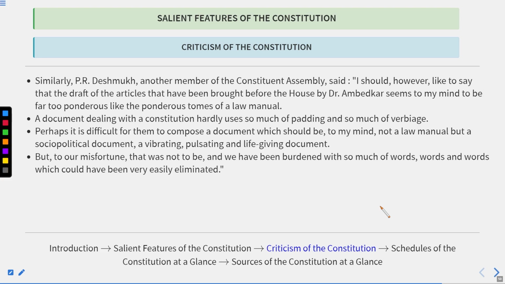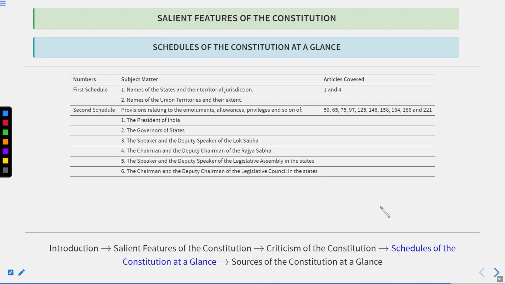Perhaps it is difficult for them to compose a document which should be, to my mind, not a law manual but a socio-political document, a vibrating, pulsating, and life-giving document. But to our misfortune, that was not to be, and we have been burdened with so many words, which could have been very easily eliminated. Okay, so these were all kinds of criticism which the constitution has received.